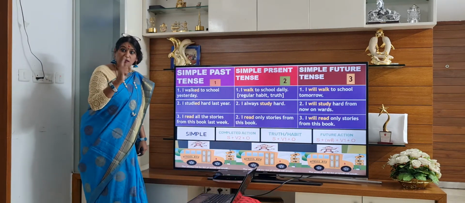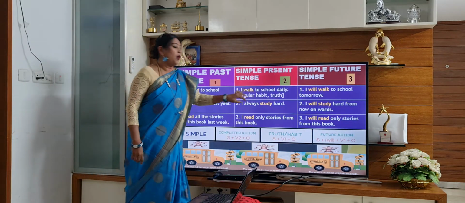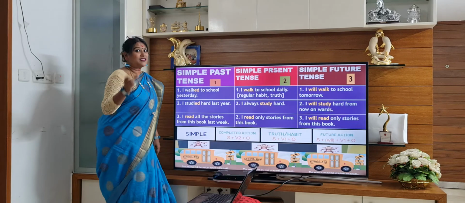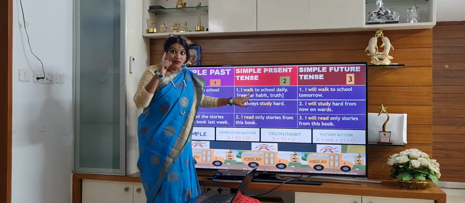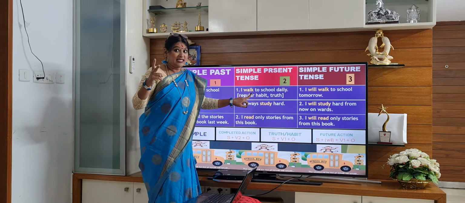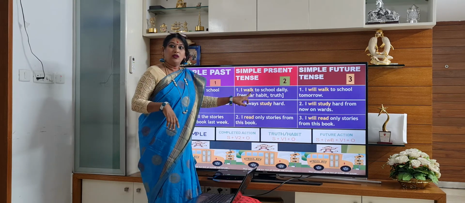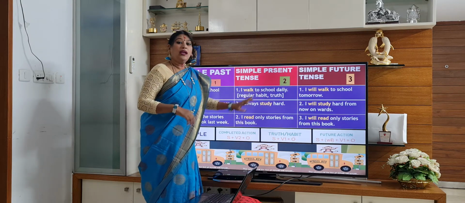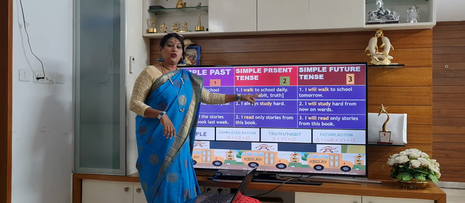First, that's the base form. See, walk. What I said earlier was walked. So walk is the first form. I is the subject. Walk, first form. I didn't use ed at all. Verb's first form, to school daily. I walk to school daily.